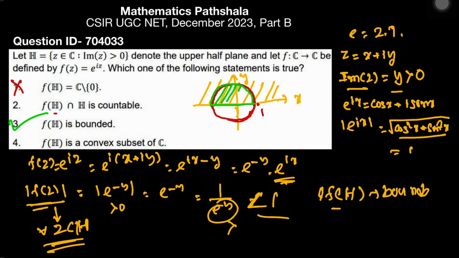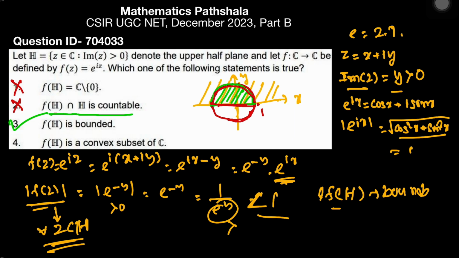So what we know is that the unit circle is uncountable, so the half circle should be uncountable. But here it is said f(H) intersection H is countable. So option 2 should be false because any circle is uncountable. So this half circle is also uncountable. So option 2 is also false.